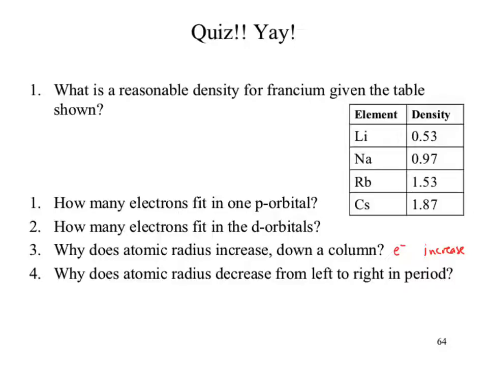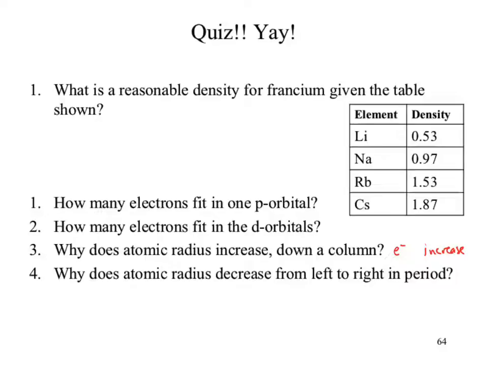When we go down a column, where are the electrons going? Oh. To the next highest energy level. When we go across the column, do they go to a different energy level? No, they stay at the same level. If they stay at the same level, what should happen to the size? They should stay the same, but it decreases. Why does it decrease?